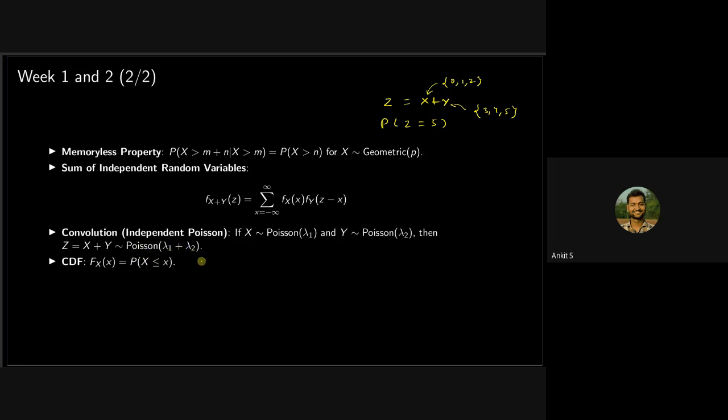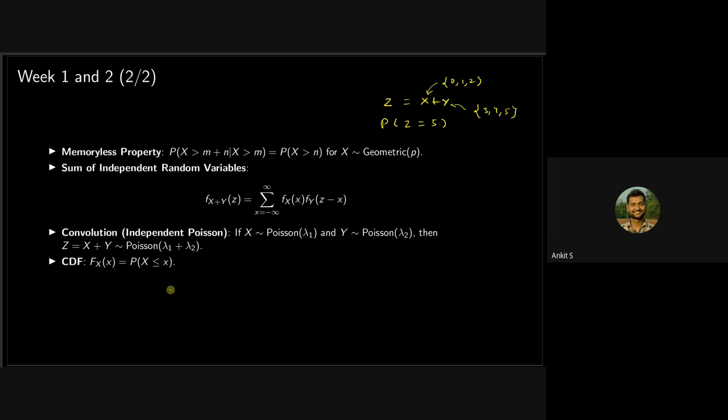This looks like a very simple thing, but while solving a problem it can have very simplifying significance. This property is specific to Poisson only, and only when the variables are independent.